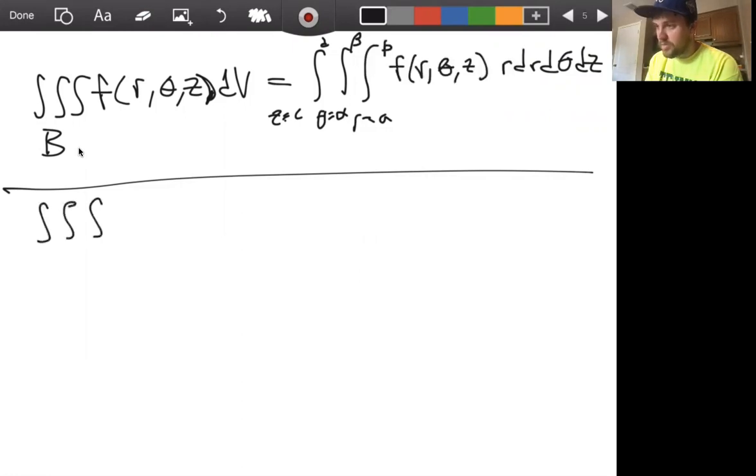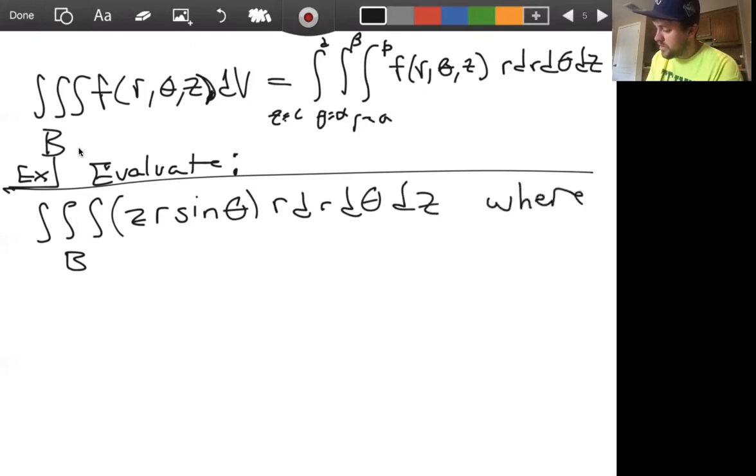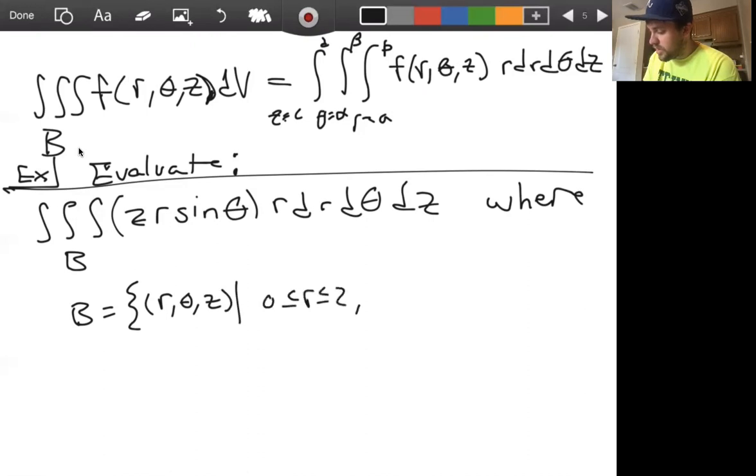So let's take an example here and evaluate the triple integral over the box B of z r sine theta times r dr d theta dz, where this cylindrical box is the set of triples r, theta, z such that r is between 0 and 2, theta is between 0 and pi over 2, and z is between 0 and 4, right?